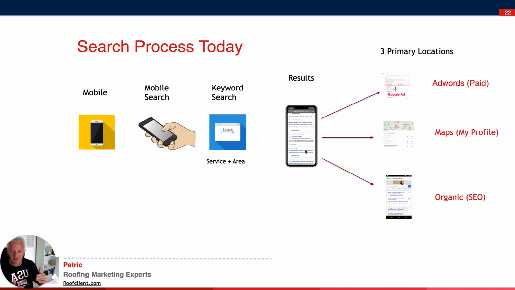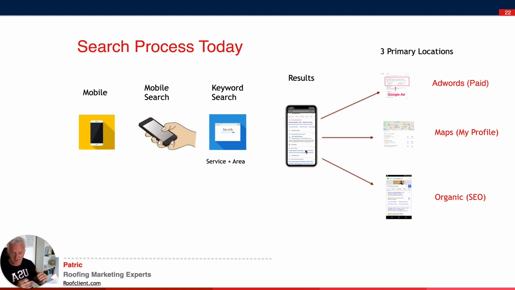Often there's even an ad which takes over position 1. So if you're running an ad, you can actually be in the first section and the second section, being seen twice by your prospect, by the homeowners.